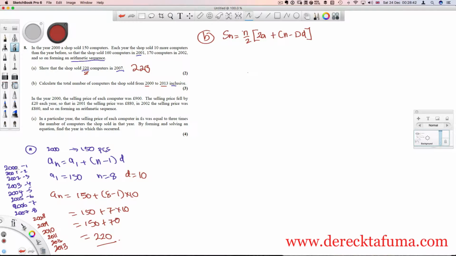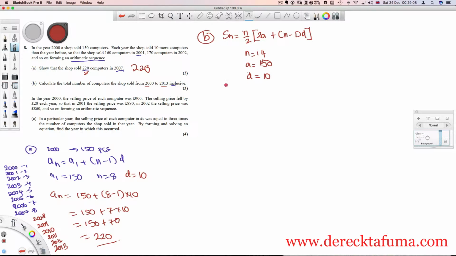That's going to give you 14 years. If you count that, 8, 9, 10, 11, 12, 13, 14 years. So n is equal to 14. Now a, the first term, is 150, and d is still 10.